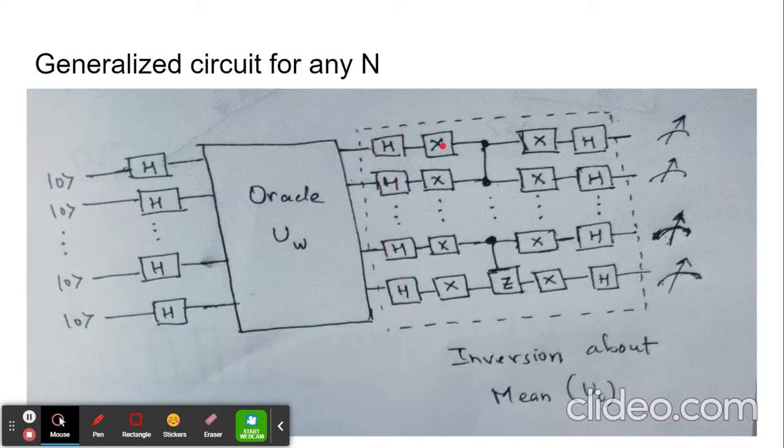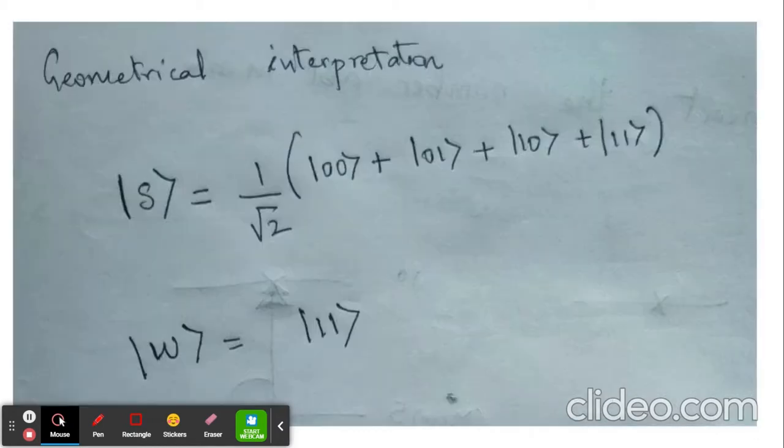Then since most of them are zeros, apply X. Then this controlled-Z operator changes the sign. Then to reverse all the stuff, you add X gates and H gates again. This is a very hand-wave explanation, but figuring it out from first principles is difficult.